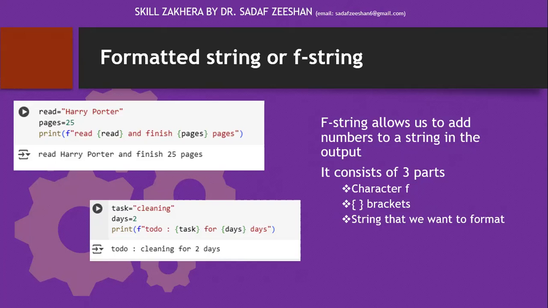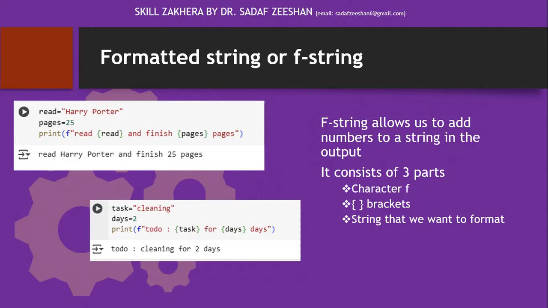So for example, I have a task which is equal to cleaning, days equal to 2. So I'm going to print F, to do colon, and then I'm going to add the variable task, for, then I'm going to add another variable days, which I've already mentioned above, and then days, double quotes closed and brackets closed.